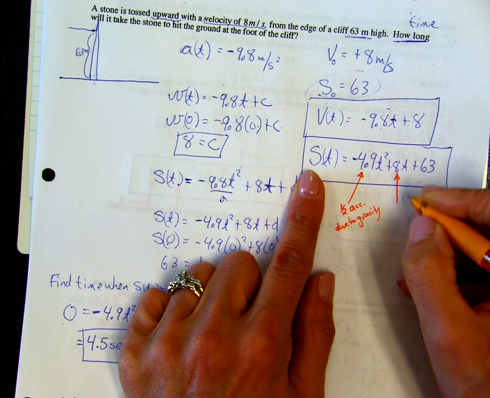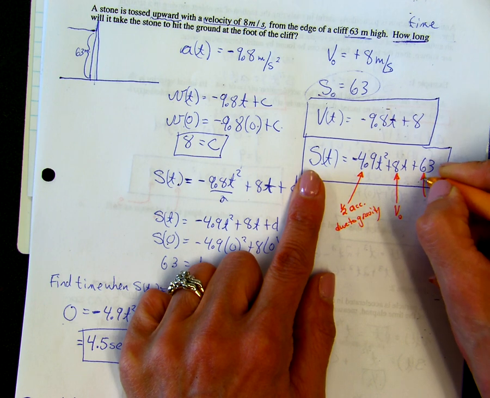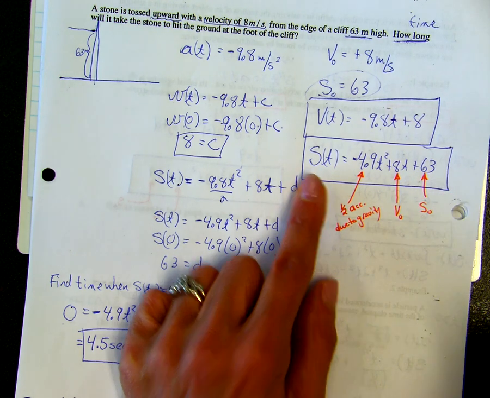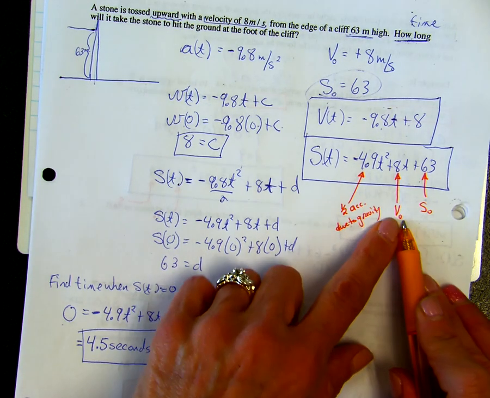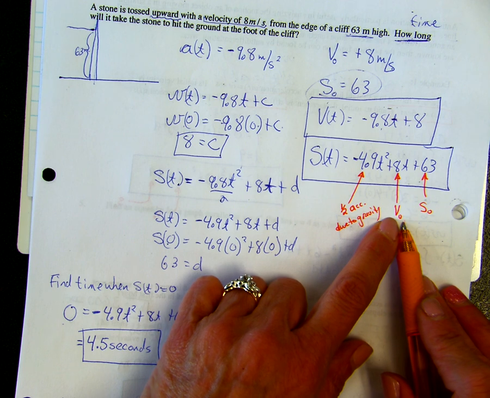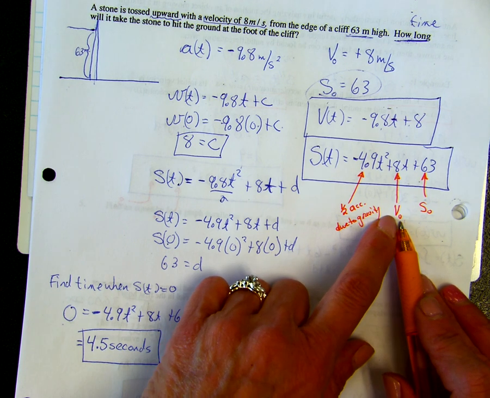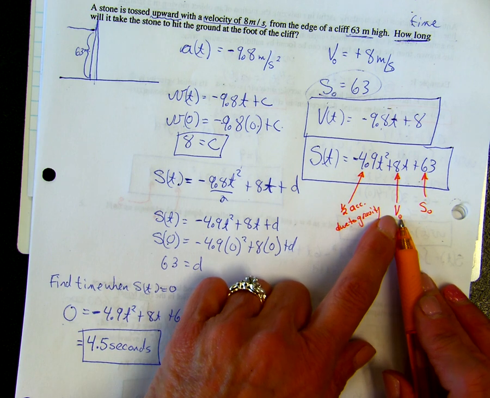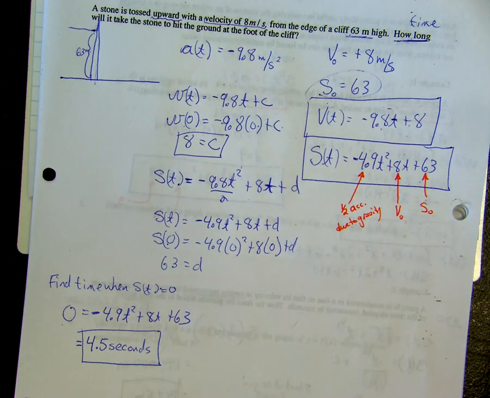This coefficient is v0, and this coefficient is s0: initial velocity, initial position. Please make sure you pay attention to the sign on this. If you're throwing it down, then your initial velocity would be negative, but I tossed it up, so my initial velocity was positive.